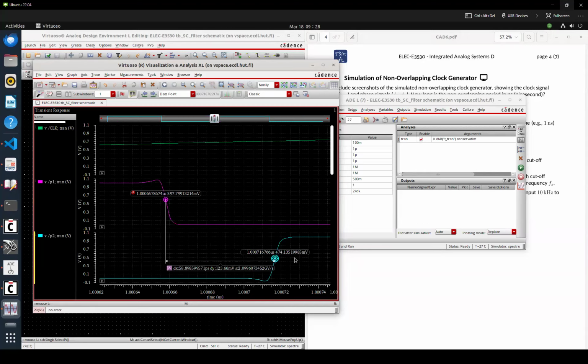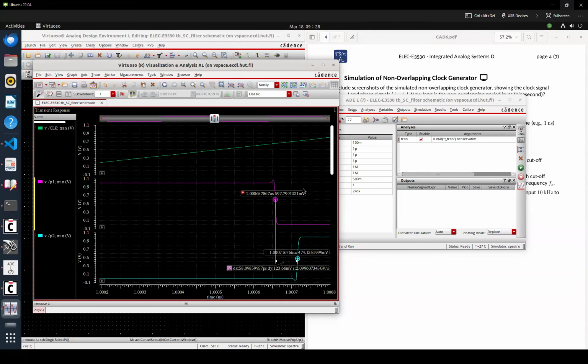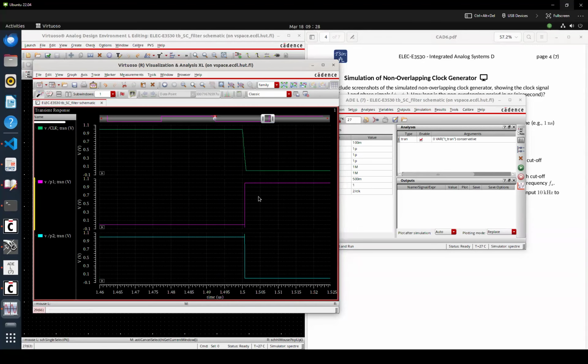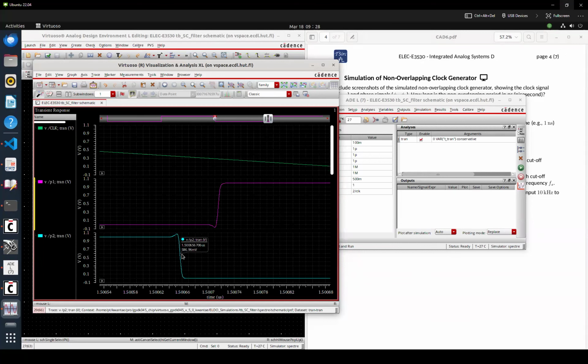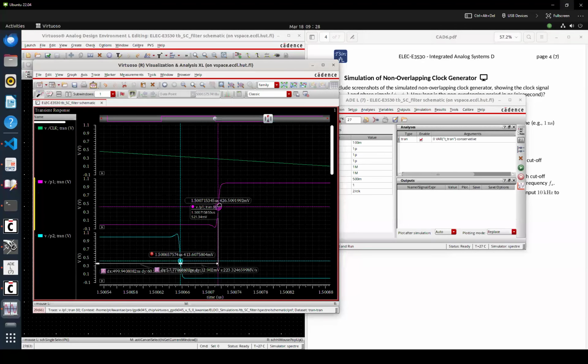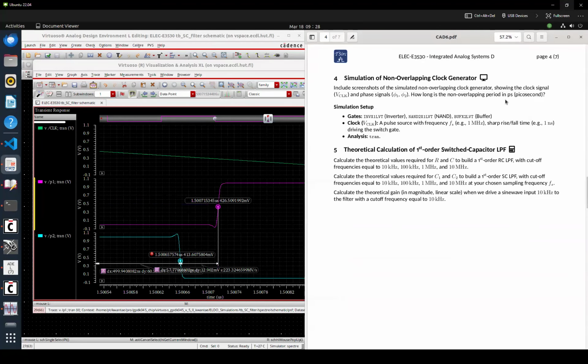It is measured as 58 picoseconds, so the phases do not turn on at the same time, with a certain amount of non-overlapping window. The same thing also happens here, 59 picoseconds. Roughly measuring it, the non-overlapping window is 58 picoseconds.